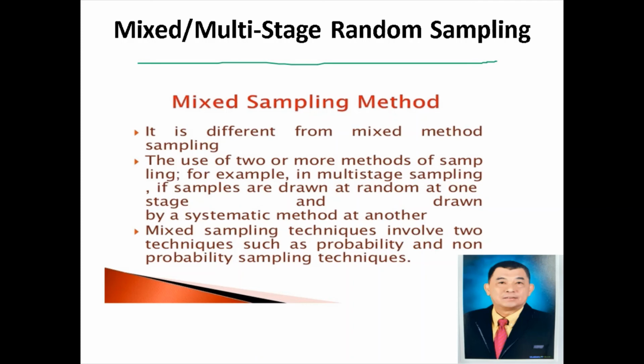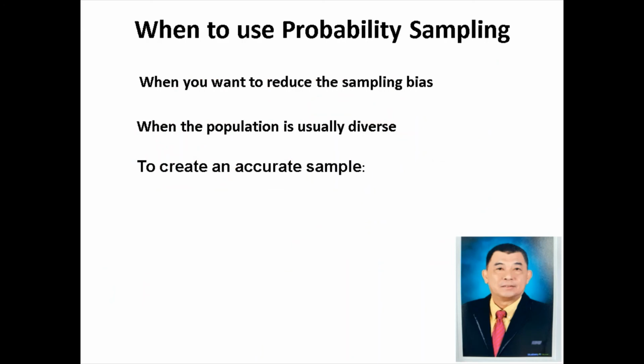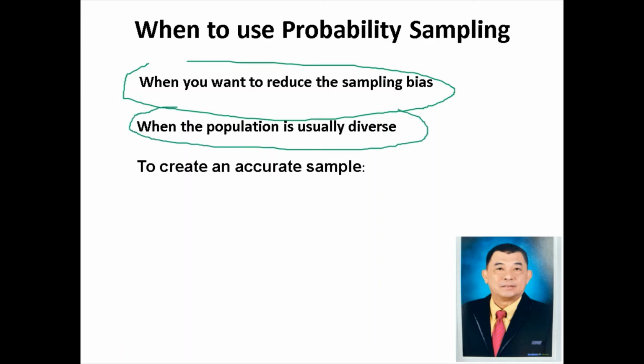And finally, when are you going to use probability sampling? Probability sampling leads to higher quality findings because it provides an unbiased representation of the population. You use it when you want to reduce the sampling bias. You can also use probability sampling when the population is diverse.